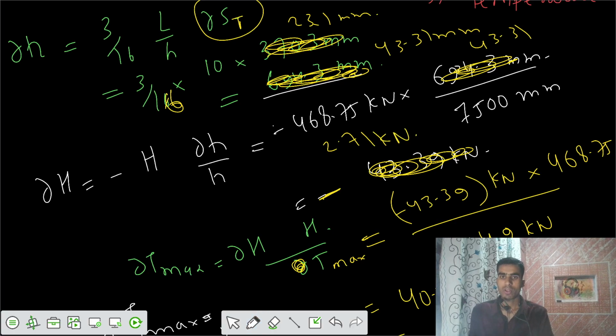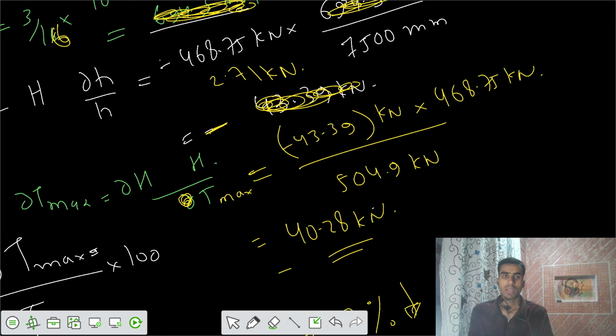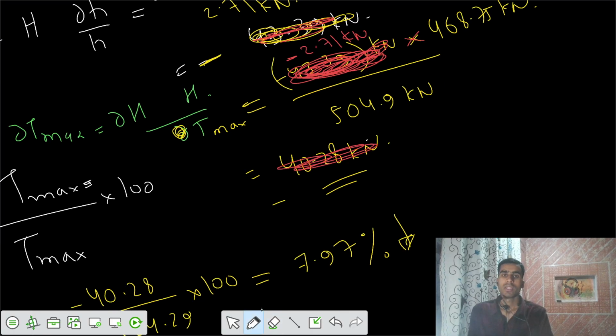And based on the change of horizontal tension, the change in Tmax is found by substituting minus 2.71 kilonewton in place of this one. The rest of the parts are the same. Now we got the value of Tmax change: ∂Tmax equals minus 2.5160 kilonewton.